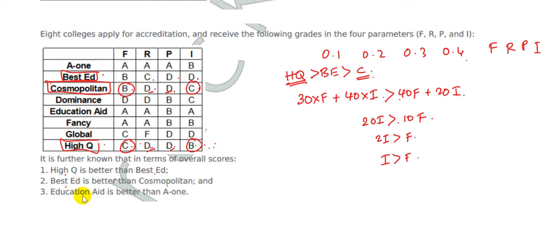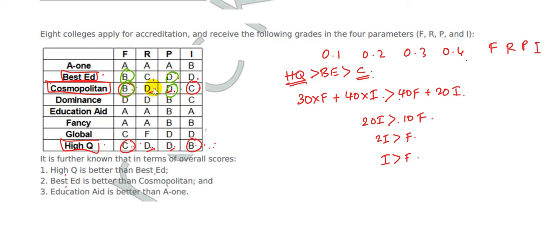Next, we compare between Best Ed and Cosmopolitan. Now between B and C, you can see that these two are the same, these two are the same.